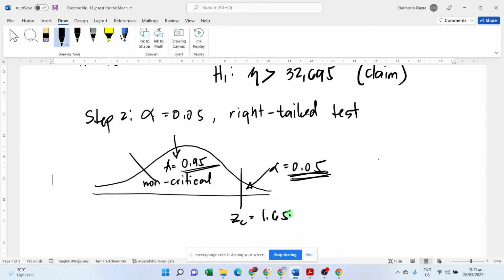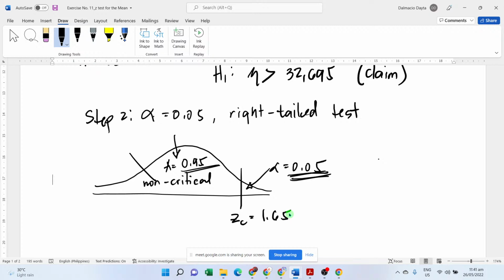Now, if the test value is anything less than 1.65, it will fall on this area of the curve and it is on the non-critical region. Therefore, you do not reject the null hypothesis. Yun lang naman yung dalawa. Wala naman tayong ibang statement. Either reject the null hypothesis or do not reject the null hypothesis. Okay? So we're done with step 2.